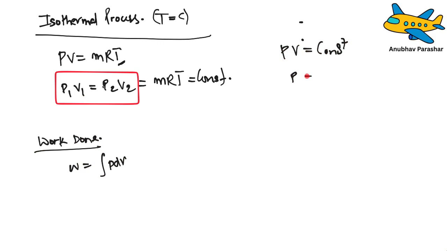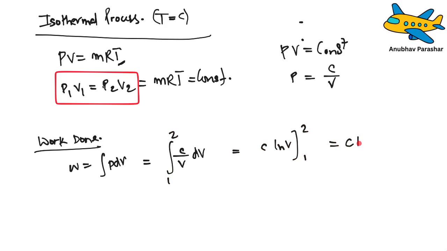I can always write pressure is equal to C divided by V. So this becomes integration of C by V dV. C is nothing else but constant. So if I take the constant out, this becomes ln V from 1 to 2. If I'm taking the process from 1 to 2, this becomes C ln V2 by V1.